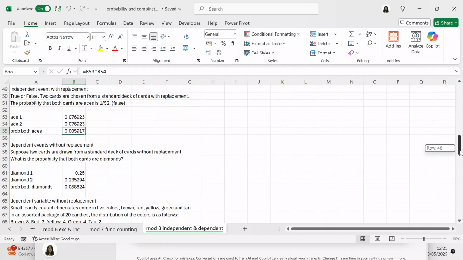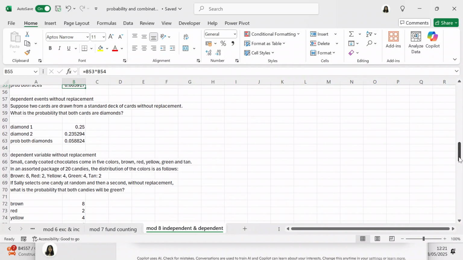Now we're going to talk about dependent events without replacement. Suppose 2 cards are drawn from a standard deck of cards without replacement. What is the probability that both cards are diamonds? Probability of diamond 1 is 13 divided by 52 because there's 13 diamonds in a deck of cards.